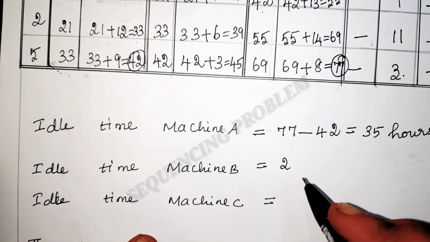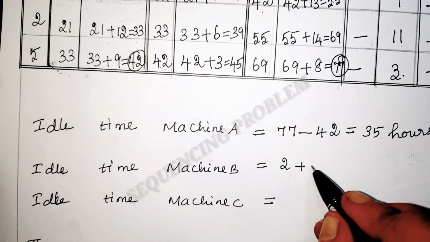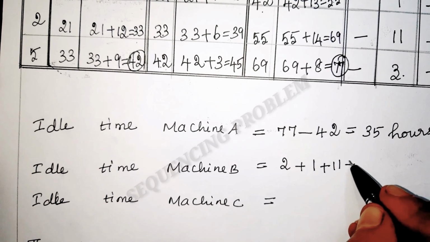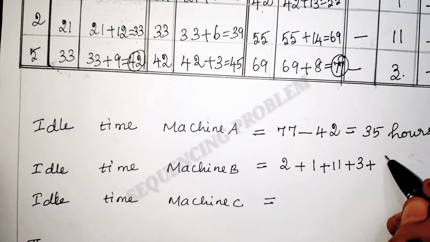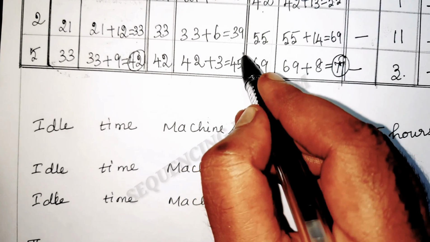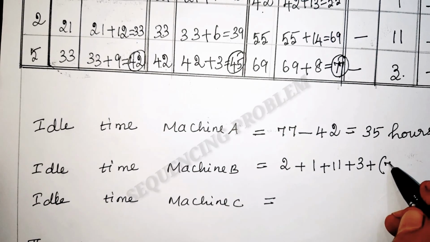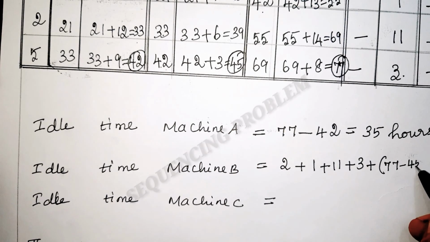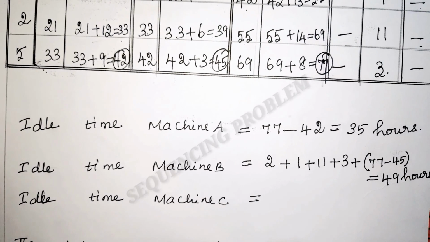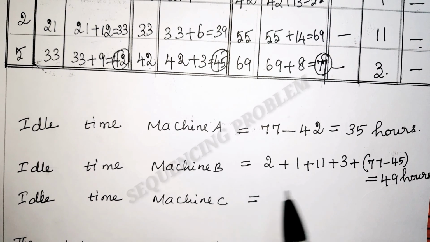Idle time for machine B: 2 plus 1 plus 11 plus 3, plus machine B completes the job at the 45th hour, so 77 minus 45. So the total value is 49 hours. The idle time for machine B is 49 hours.